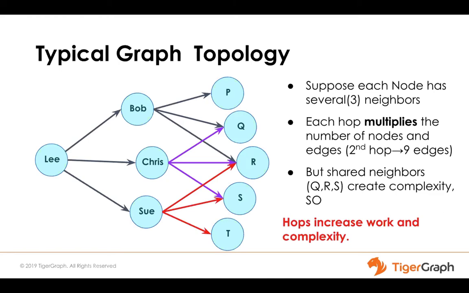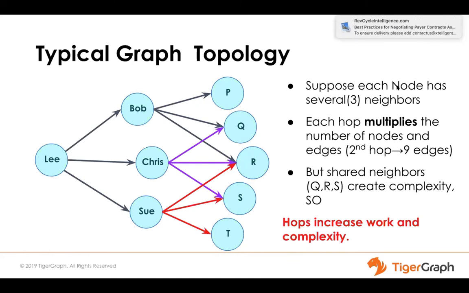What you notice is that with the first hop, we have 3 edges. But when you get to the second hop, you now have 9 edges. So it's multiplying. The more hops you have, the more effort there is to cover the graph traversal to understand what's happening. Because graph traversal is how you see the data.